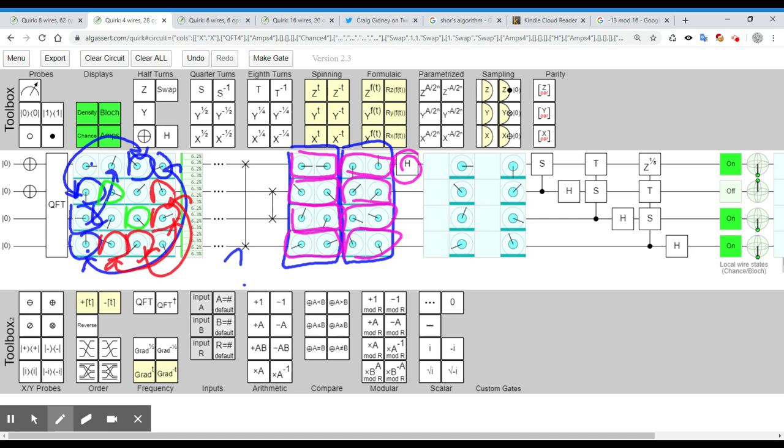But in the inverse QFT, if I would apply the proper inverse QFT, that swap happens at the very end because you're mirroring that thing.